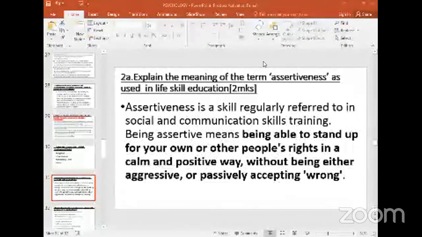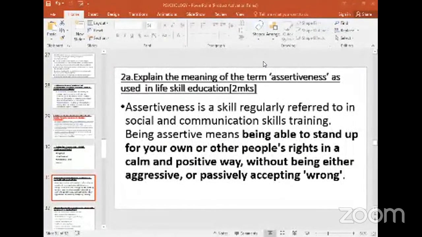Being assertive means being able to stand up for your own or other people's rights in a very calm and positive way without being either aggressive or passively accepting the wrong.